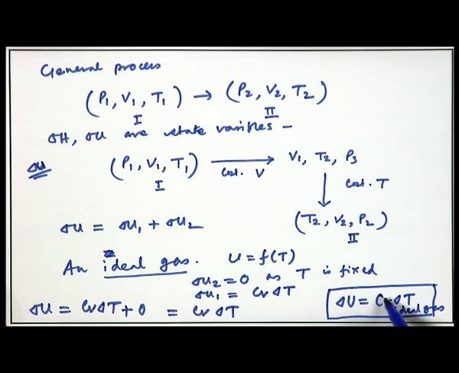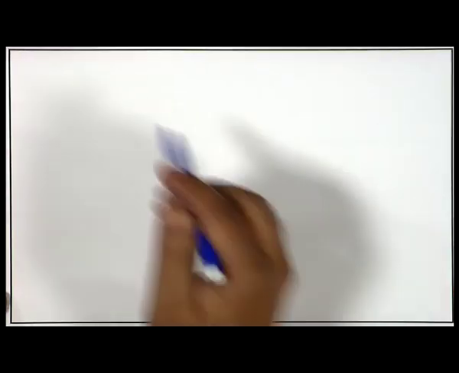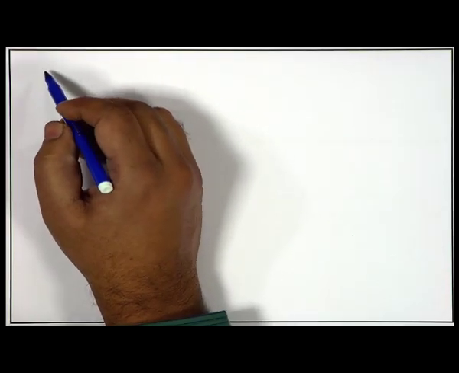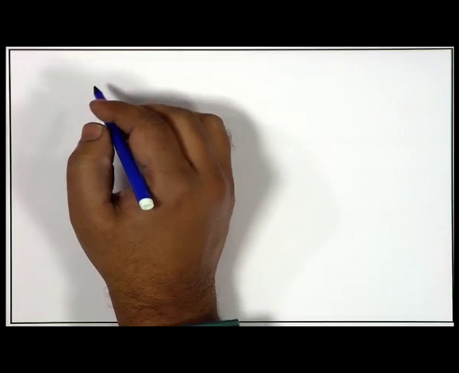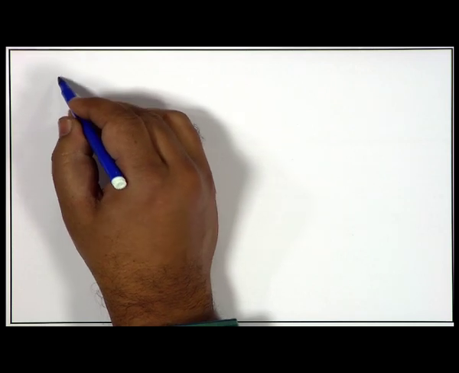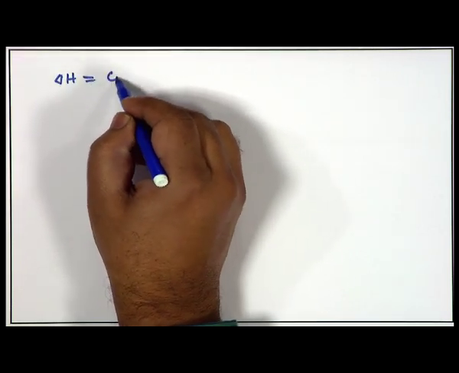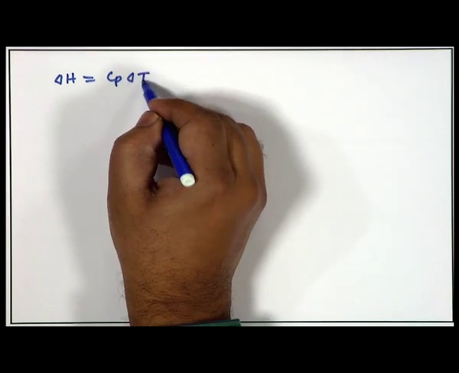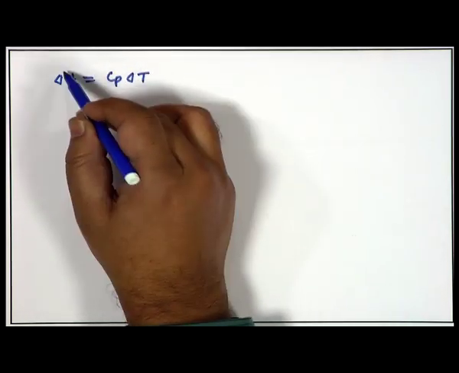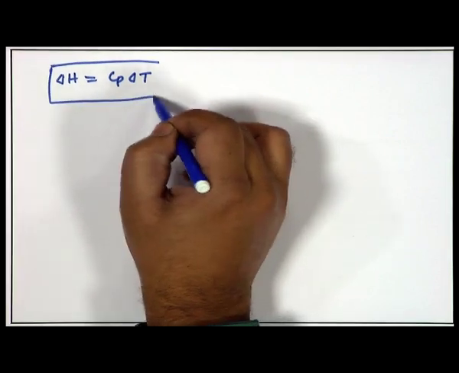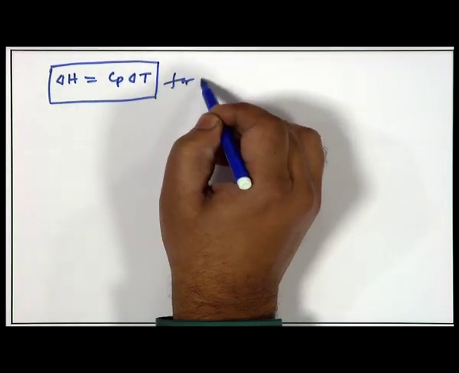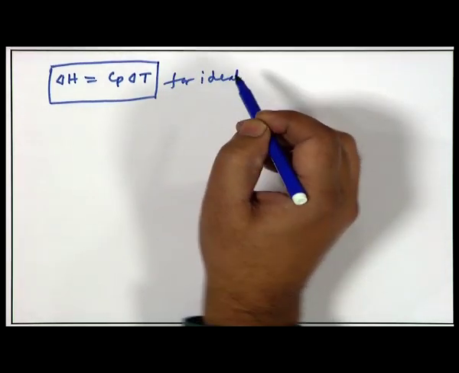Similarly, we can think of a general process, and we can break it down into a constant pressure and a constant temperature process, and we can get again del H is Cp dT for ideal gas.